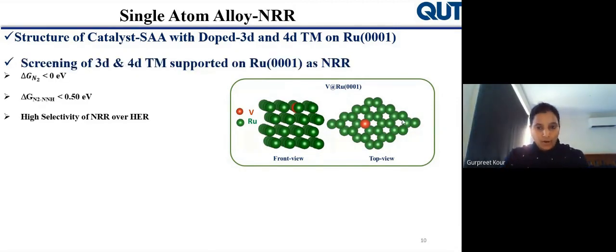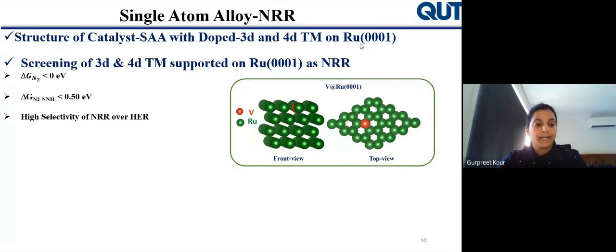So for the study of these catalysts, we have certain criteria for the best catalysts. The first, based on the experience we have reported in different papers, is the free energy change for the nitrogen adsorption. It should not be positive, and it should be less than 0 electron volt.